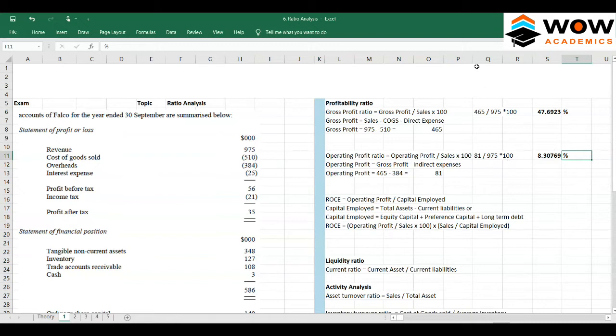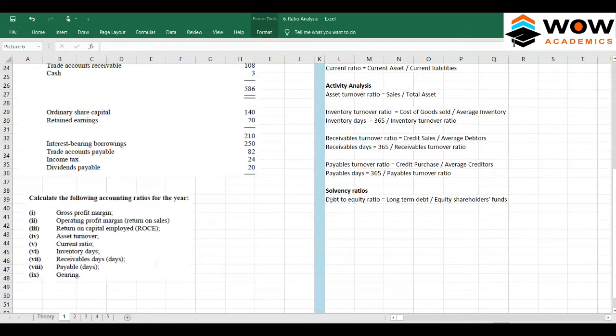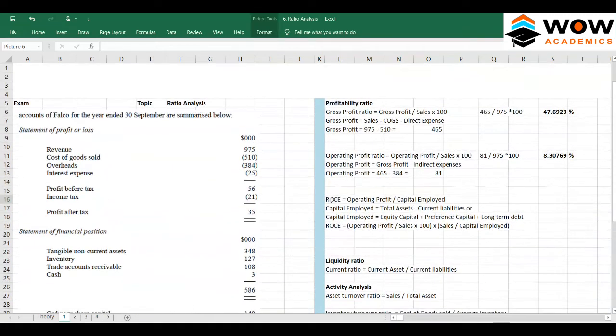So let's go to the next one. The question has asked for ROCE also, right? So we have computed the operating profit, so that won't be a problem.